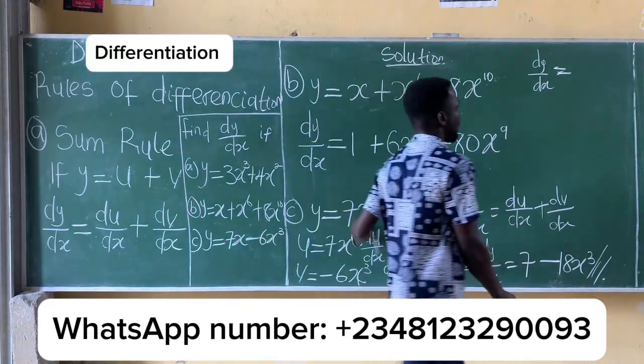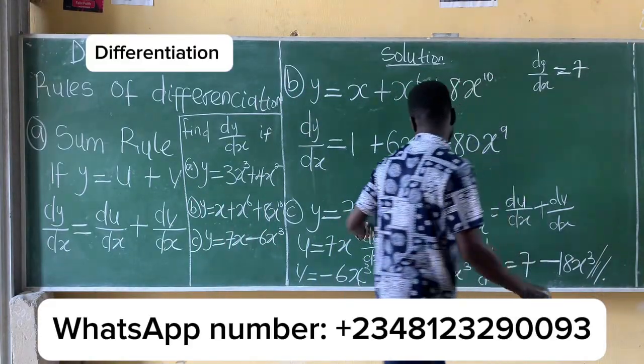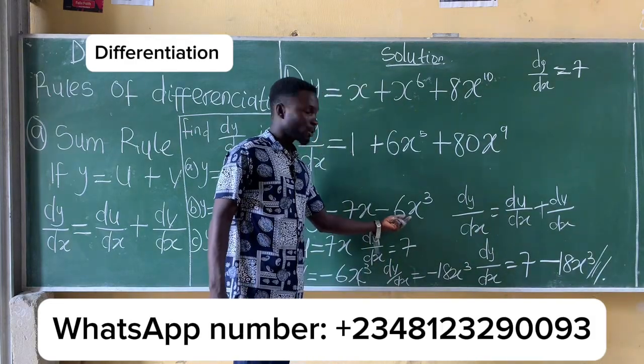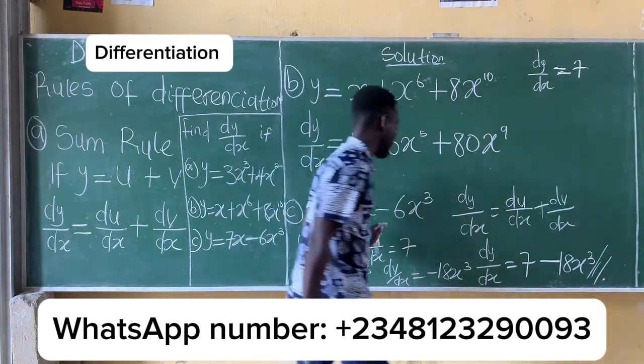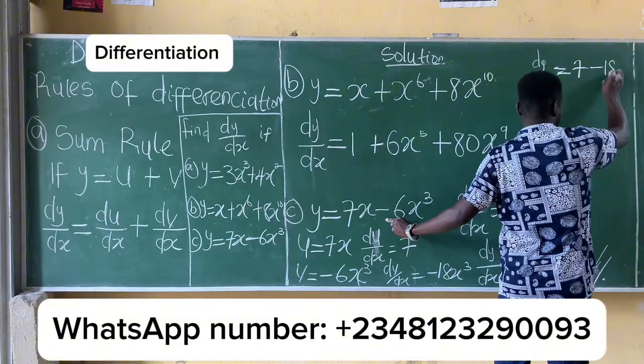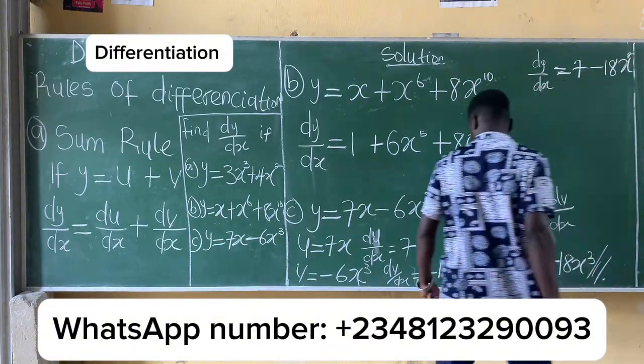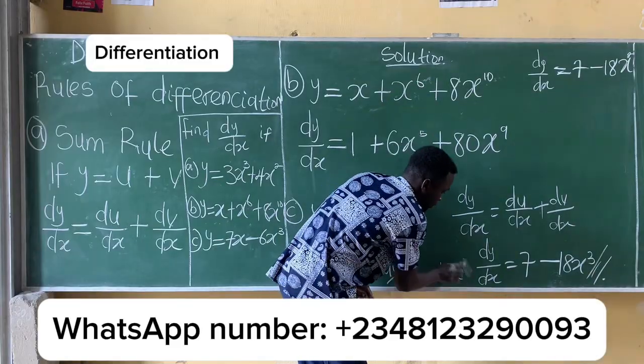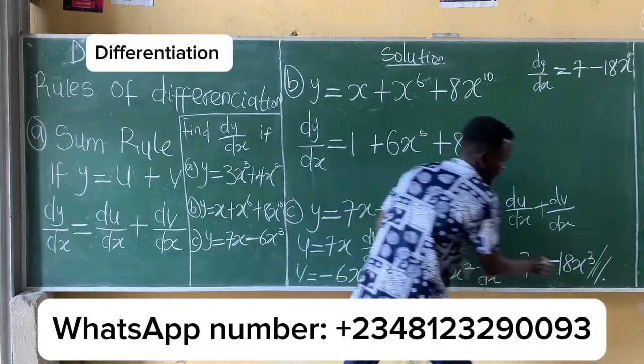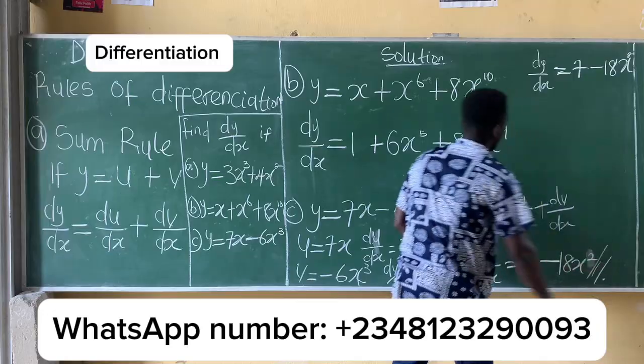Differentiate 7x here, I'm going to have 7, and then differentiate minus 6x cubed, we are going to have minus 18x squared. Sorry, this is supposed to be squared.